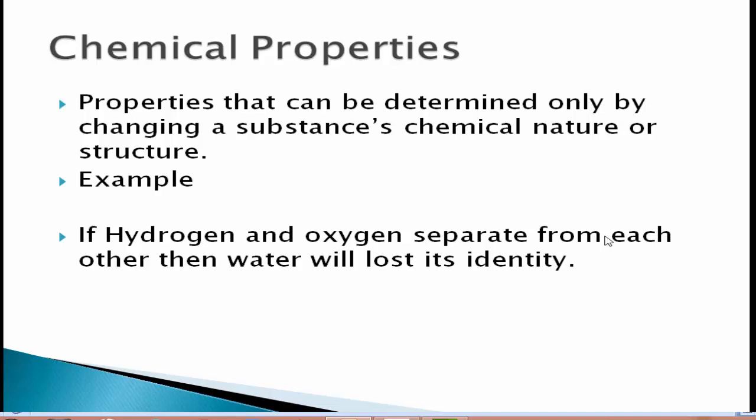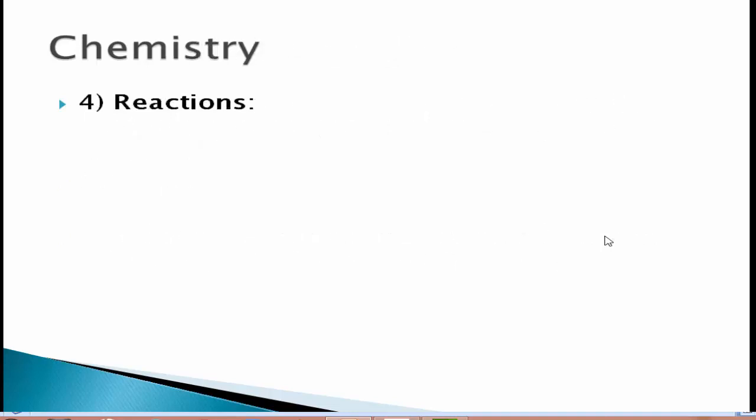We know that water is made of hydrogen and oxygen, and if these atoms separate from each other, then water will not remain in its form. This will be a chemical change.